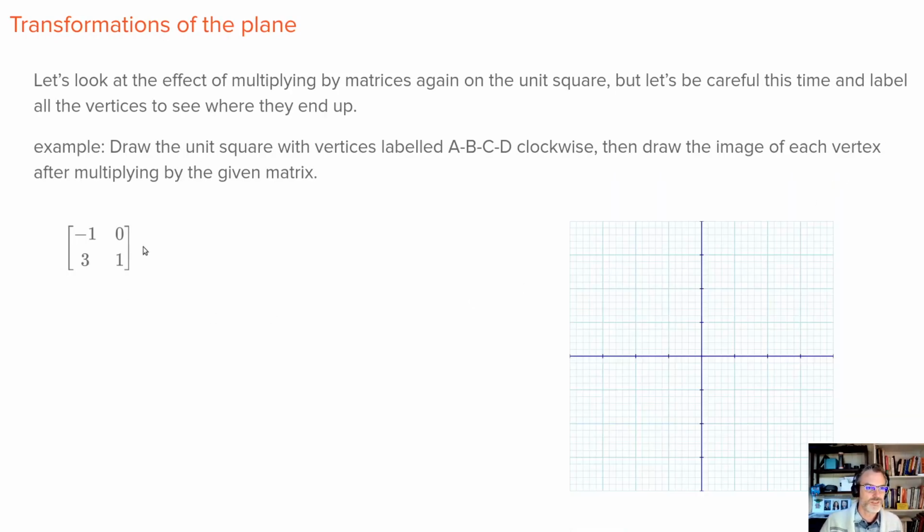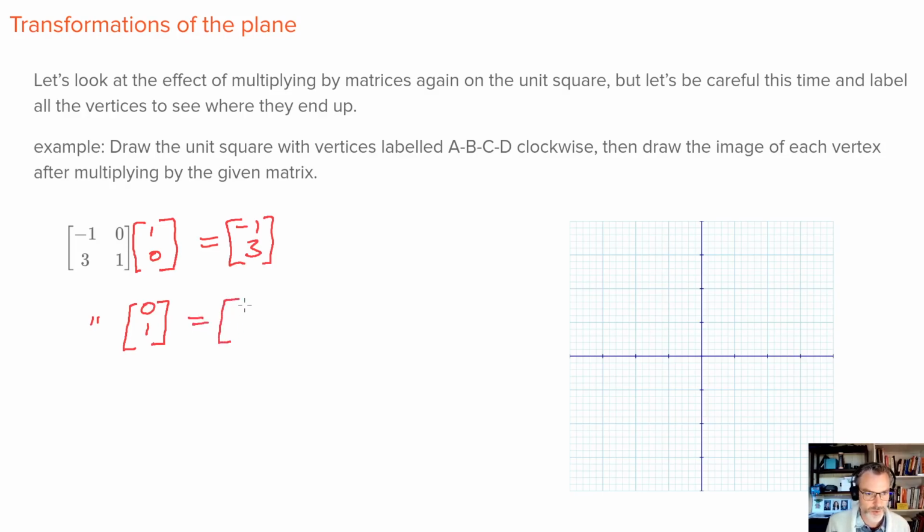And let's try to draw out what we just did, just as another perspective on it. So when I multiply 1, 0 by this, I'm going to get negative 1, 3. And if I multiply this by 0, 1, I get, well, the same thing, 0, 1.